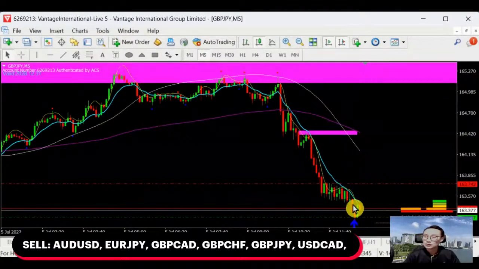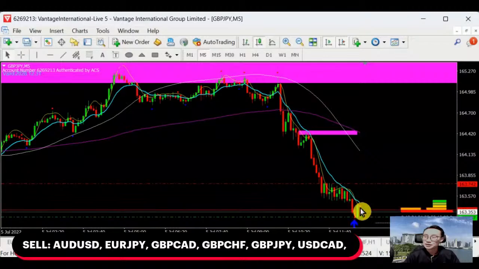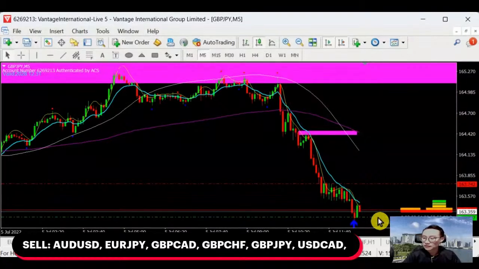We'll have maybe a landing here, then retrace to test the resistance up here. So this is something that I'll be looking out for. Okay, 16 pips, 2 trades. That's good.